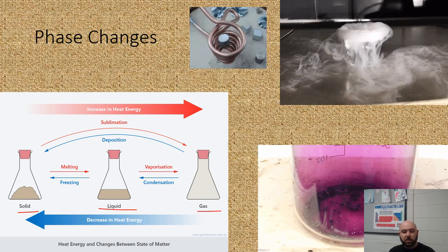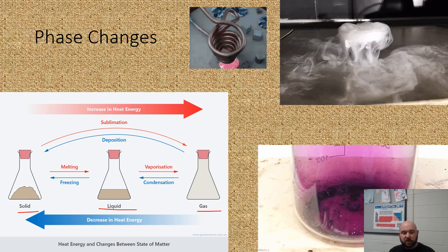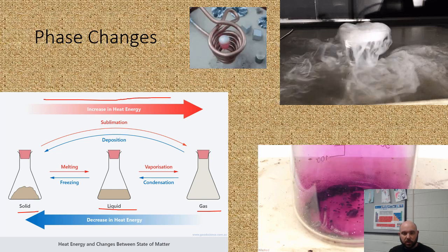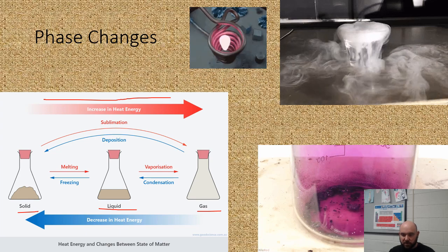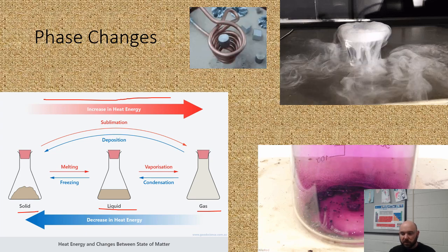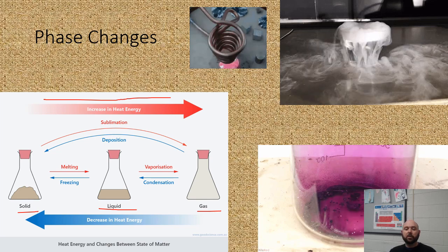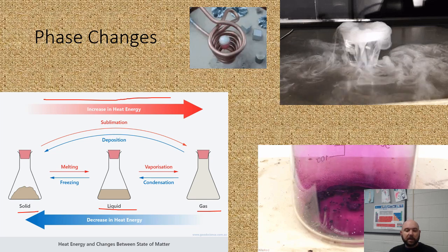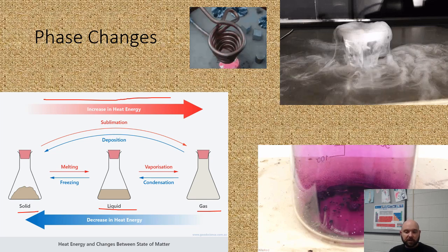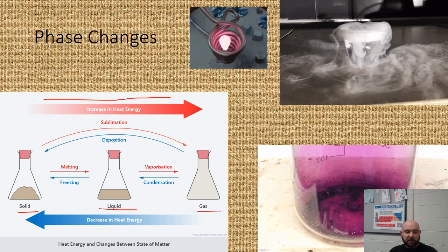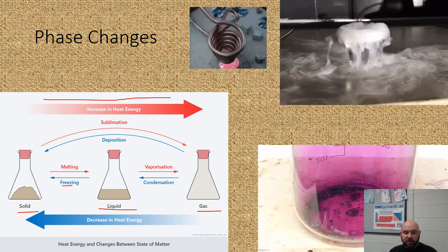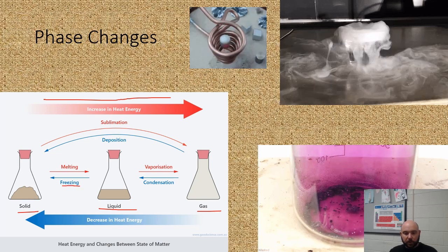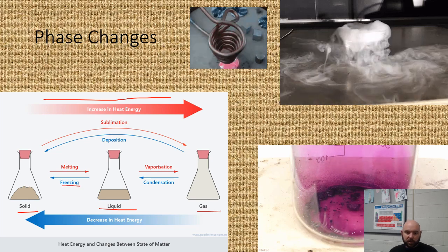And it shows that if we increase in heat energy, we can move from the solid phase to the liquid phase, and we call that process melting. You're probably rather familiar with that one. And the inverse of that, if we move from the liquid phase to the solid phase, we decrease in heat energy. We call that freezing. And that's another one you're probably already pretty familiar with.